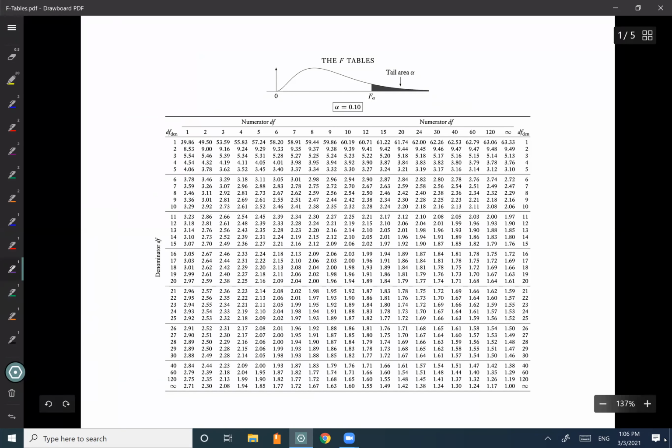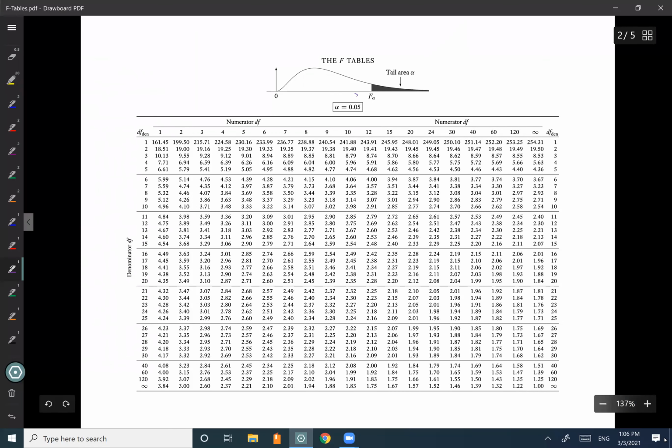So we want alpha equals 0.05. Here it is. All right, and we want 5 degrees of freedom in the numerator, right, for the mean square for the groups. And then we want the denominator. Now, 187 would be somewhere around here, but you can see we're going to use 120.